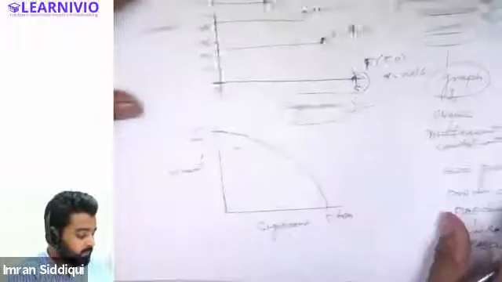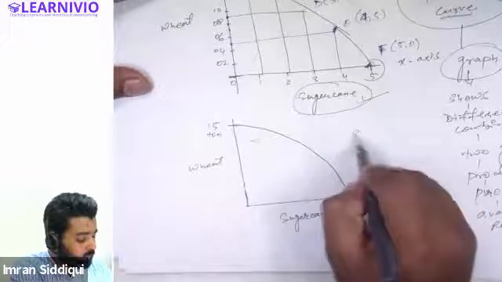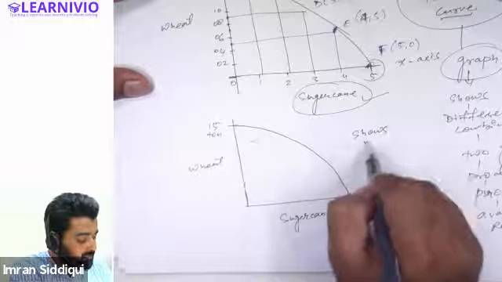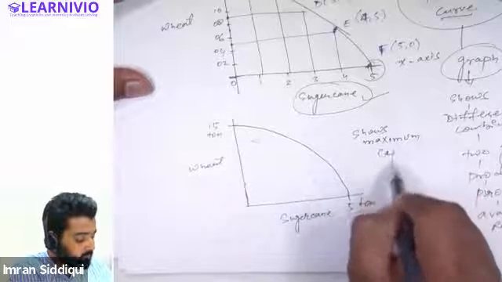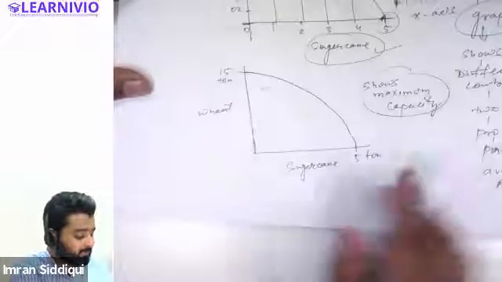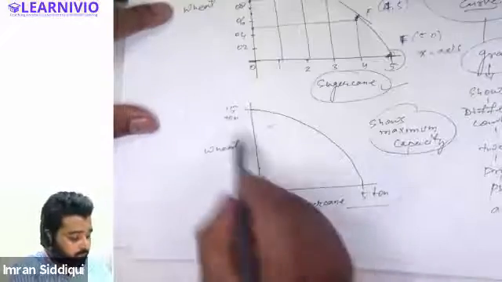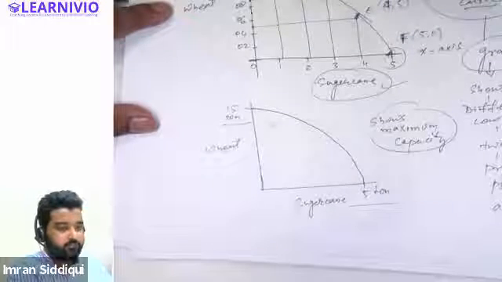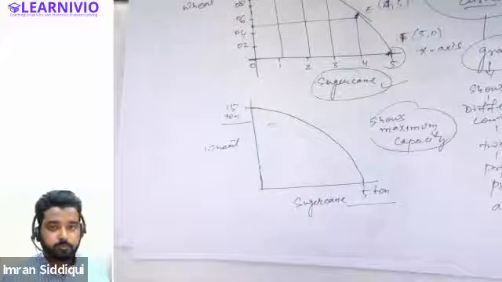So considering that, we call the production possibility curve the maximum capacity of a producer. A producer can produce a maximum of 5 tons of sugarcane or 15 tons of wheat.